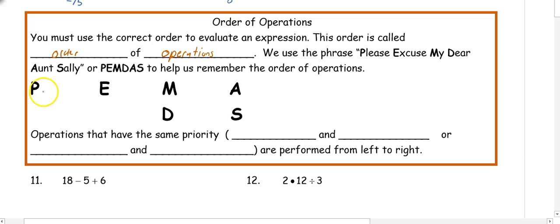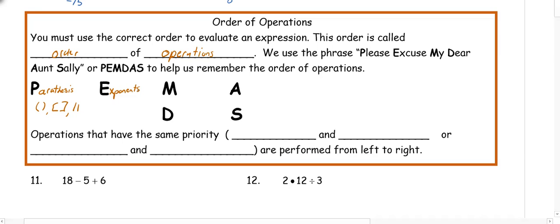So P is always going to stand for your parentheses or all of your grouping symbols. So this is going to include parentheses or brackets or even our absolute value bars. E stands for exponents. So those are those little powers written above numbers sometimes.